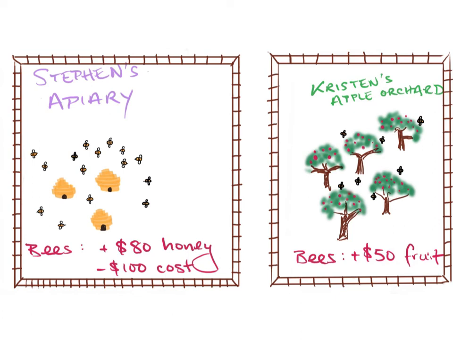Like, if your neighbor values being noisy at $35 and you value it at $50, but they actually value it at more than that, and they tell you, oh, I really value it at $50 or at $60, and you say, okay, but I value it at, I don't know, $55, and keep that negotiation going, or does that cause the theory not to work?